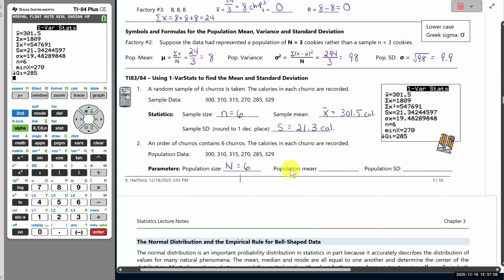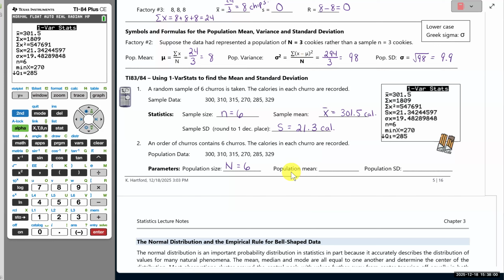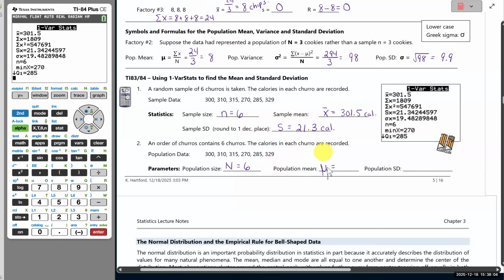Population mean, not x bar, that's sample mean. Population mean is mu. Now, mathematically, the value would still be 301.5, whether it's the mean of a sample or the mean of a population. Like we talked about here, the math is the same.